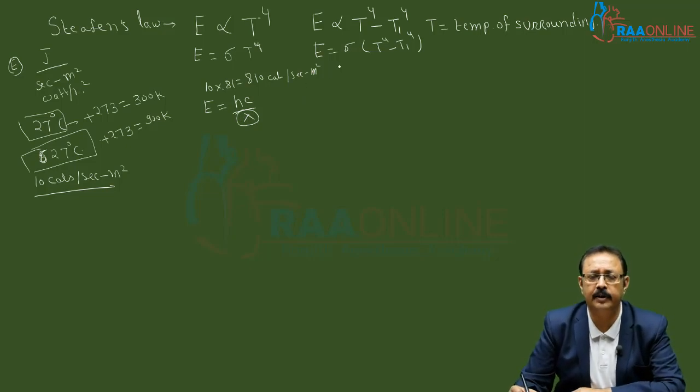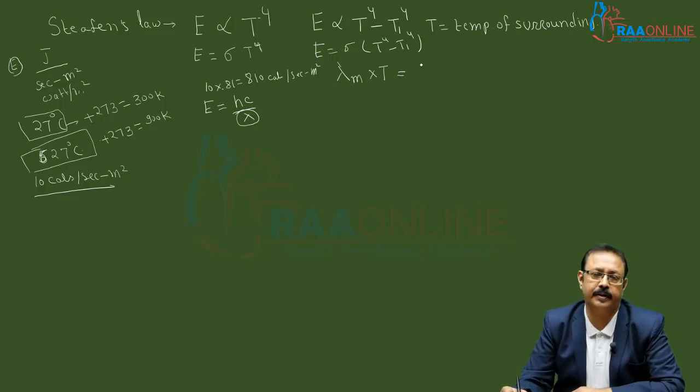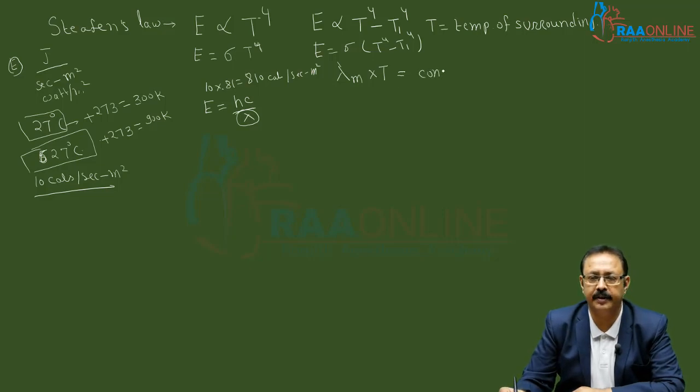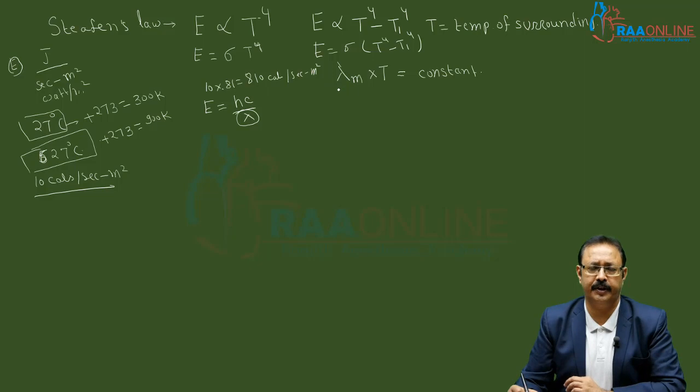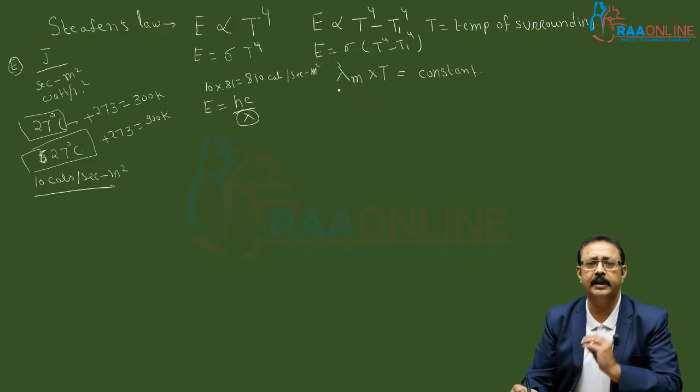So the wavelength associated with maximum energy, lambda m, and the temperature of the source at that time, this product is always constant, and this constant is known as Wien's constant. The wavelength related to maximum energy and the temperature at that time, their product is always constant. It is Wien's law.